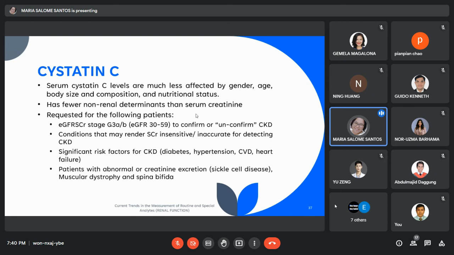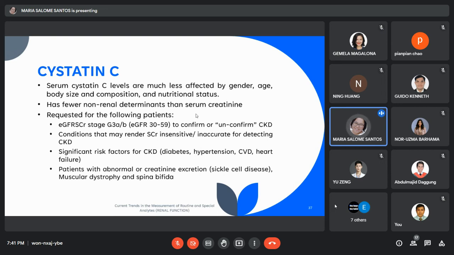Patients with estimated GFR stage grade 3A or B with a GFR of 30 to 59 ml per minute per 1.73 m² to confirm or unconfirm CKD, so conditions that may render serum creatinine insensitive and inaccurate for detecting CKD, and patients with significant risk factors for CKD like diabetes, hypertension, cardiovascular disease, and heart failure.